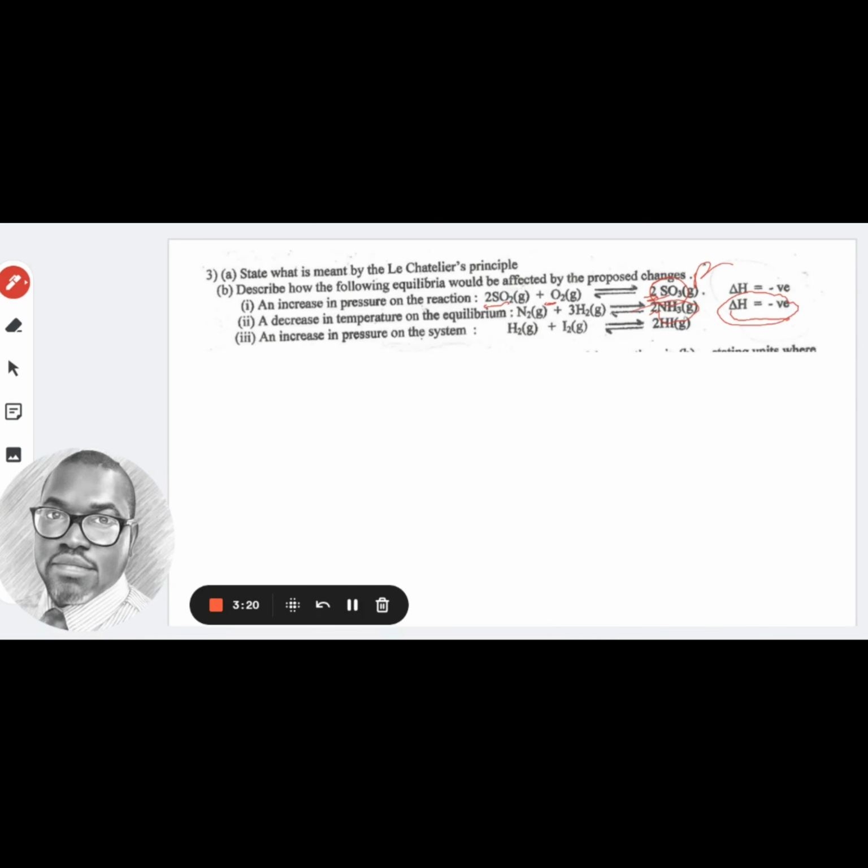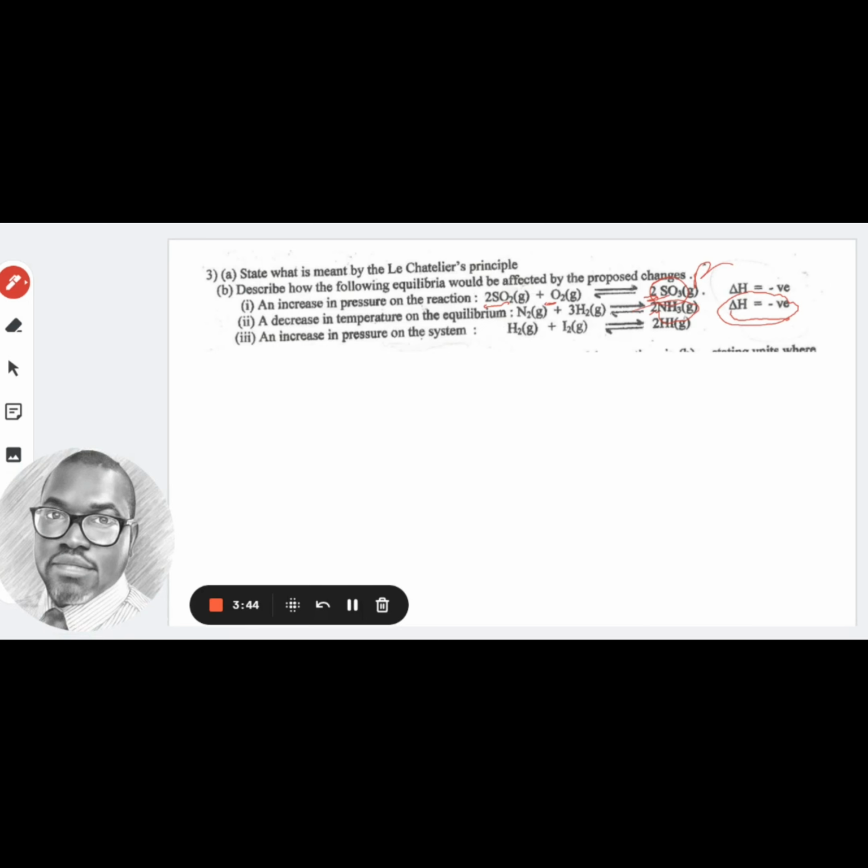Now, the final one, and of course, the opposite is true: if the forward reaction is exothermic, then the reverse reaction is endothermic. And if you were to increase the temperature, the system would look to decrease it, and so the reverse reaction would proceed.